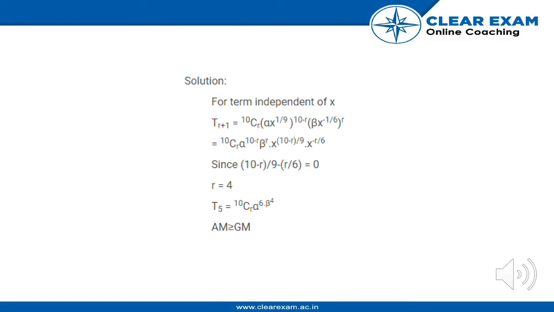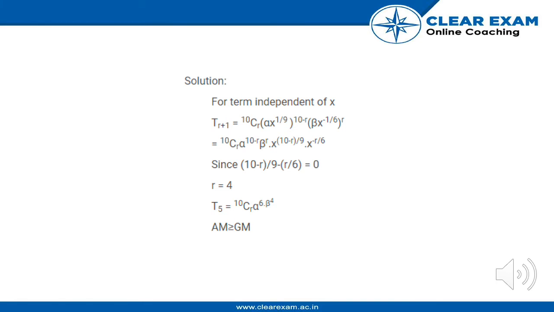That gives us 10Cr alpha^(10-r) beta^r multiplied by x^((10-r)/9) into x^(-r/6). Now since (10-r)/9 minus r/6 is equal to 0, we have r equal to 4, and T5 is equal to 10C4 alpha^6 into beta^4.